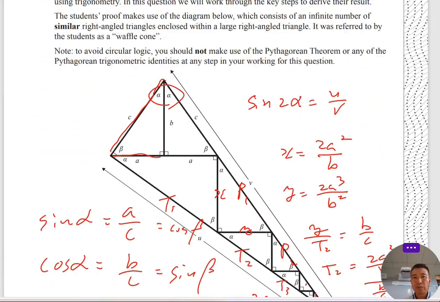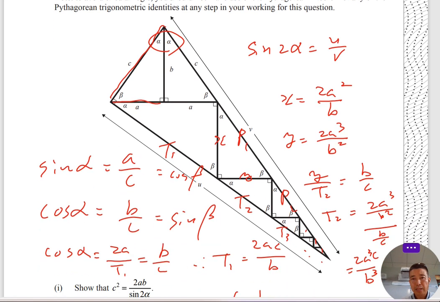We have to find P1, isn't it? The first one. To find P1, that's simply cosine alpha. So x over P1 equals cosine alpha. Cosine alpha is B over C, right?